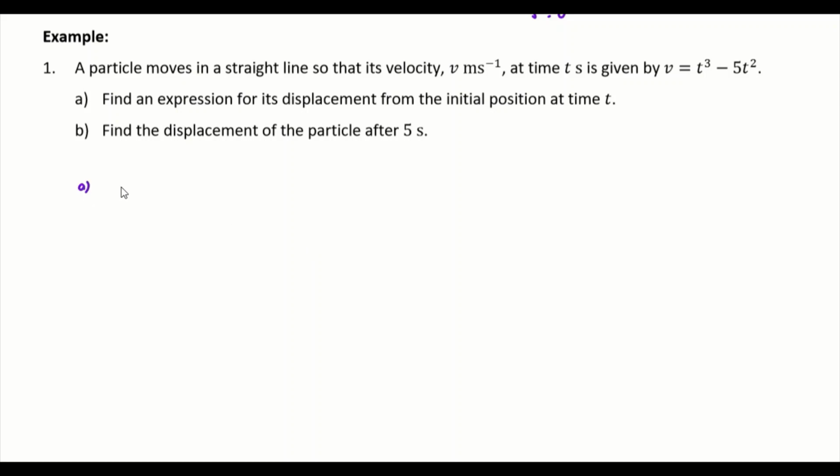For us to find displacement, we will need to integrate the expression for velocity. So let's solve this first. Integrate t cubed minus 5t squared. From here, I'll be able to get 1 over 4 t to the power of 4 minus 5 over 3 t cubed. I hope that you shouldn't have any problems with integration.